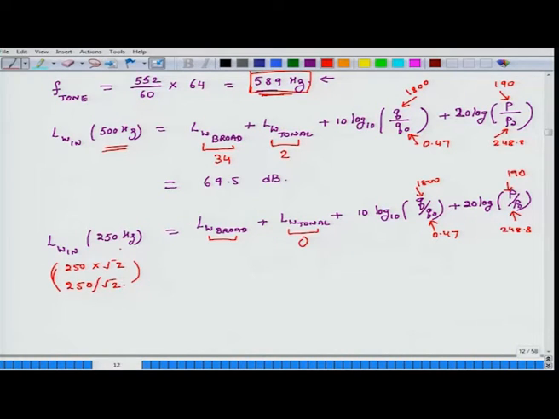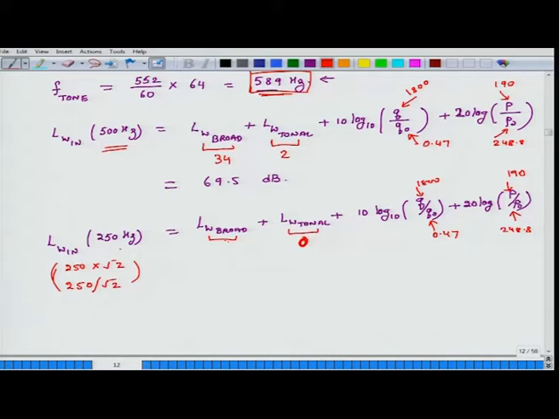Our 589 hertz tone does not lie in this bandwidth. So this is going to be 0. It is important to understand. This number will be non-zero only for one band in which that frequency lies. For all other bands, it is going to be 0.